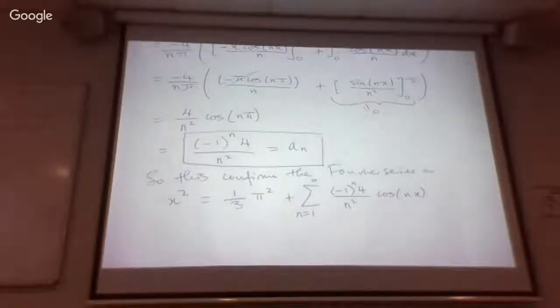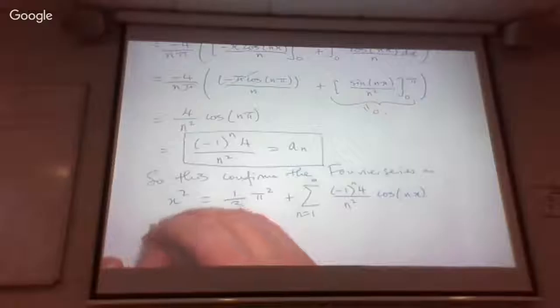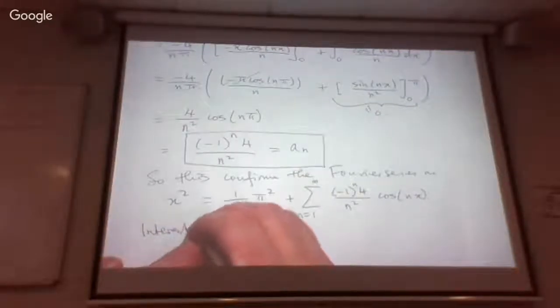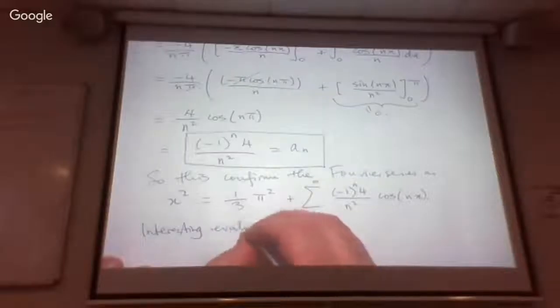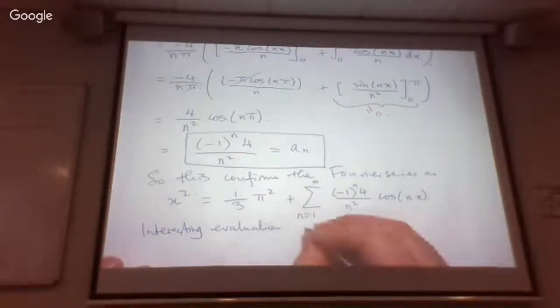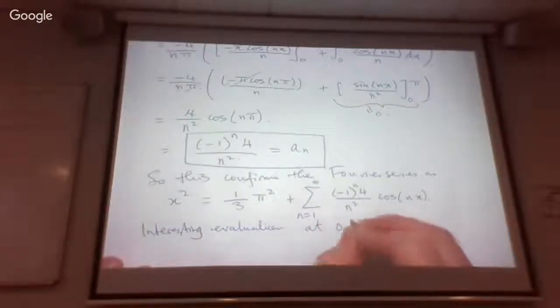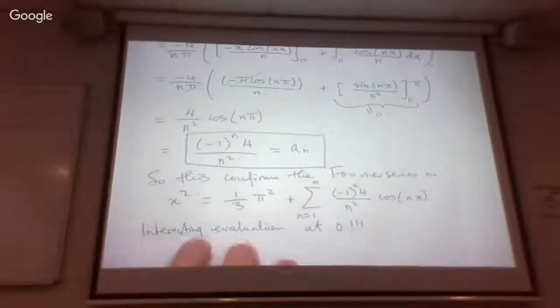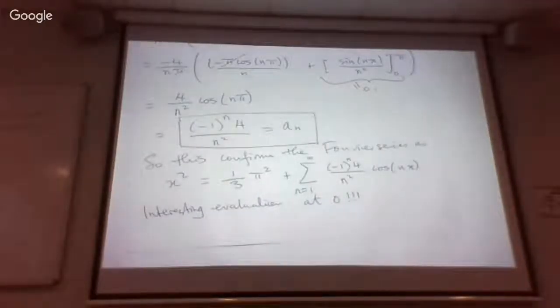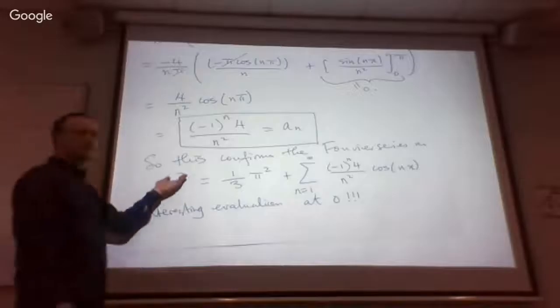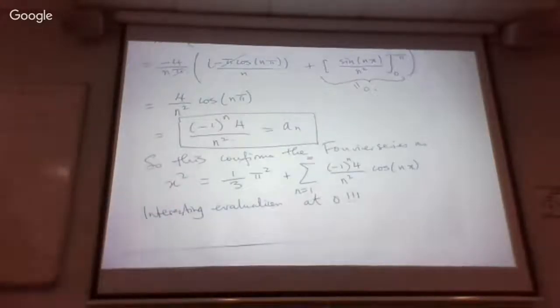Again, you can squeeze out an interesting evaluation at 0. Very interesting evaluation at 0 when you evaluate the series. Okay, what's x squared at 0? It's easy, it's just 0.